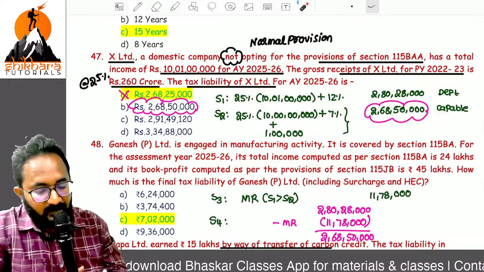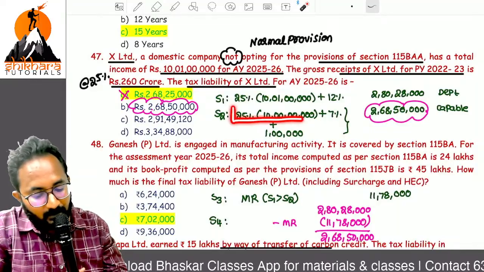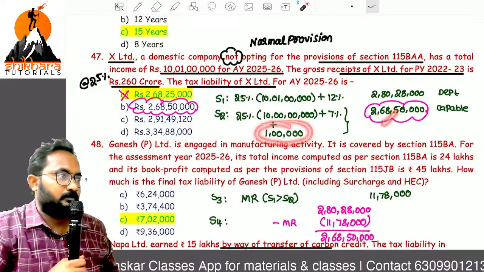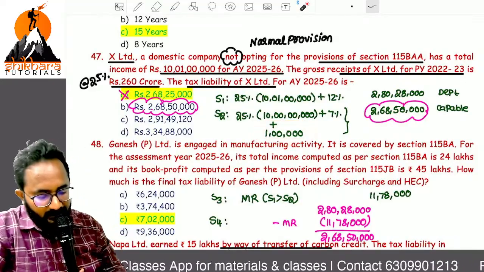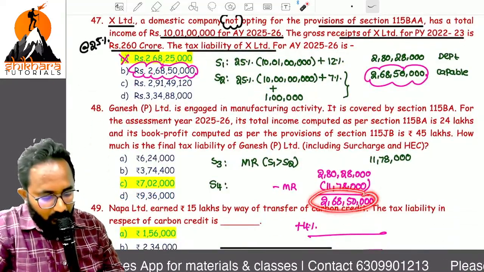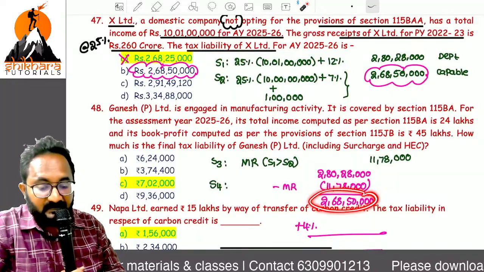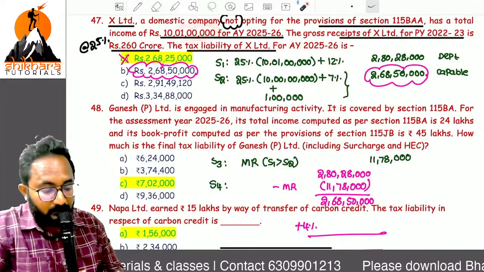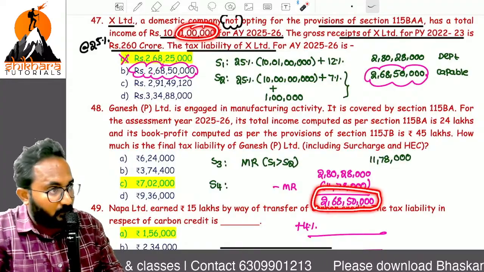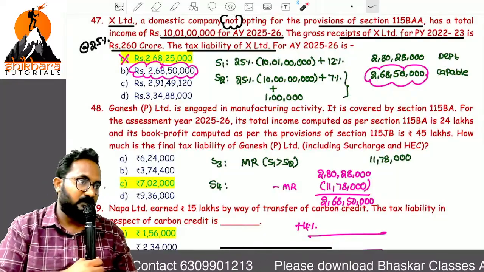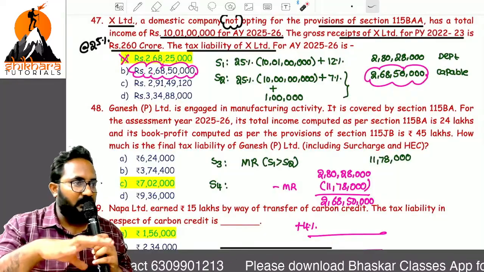So first I will pay the tax on the basic limit, and I will give that excess amount also to you. So I will pay the tax on 10 crores and the excess income I have, 1 lakh. These two things all together I will give to you by adding health and education cess. So the steps are important.